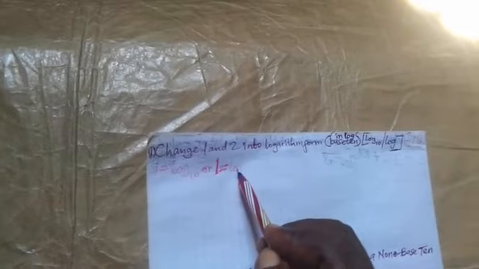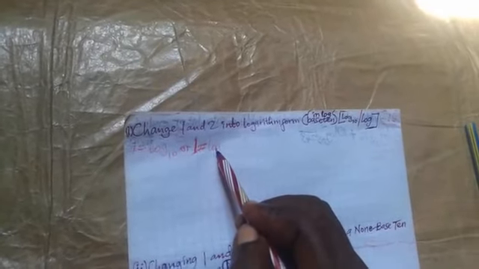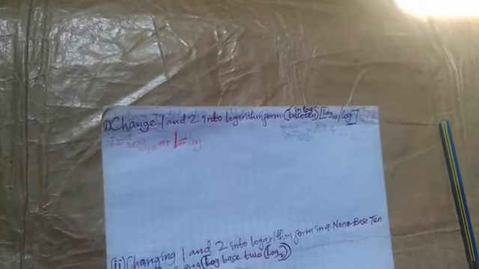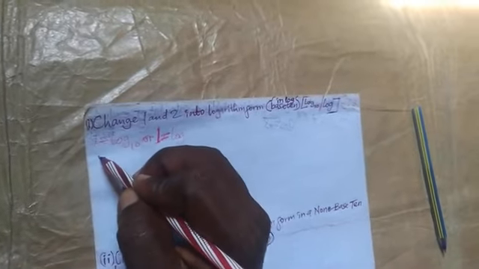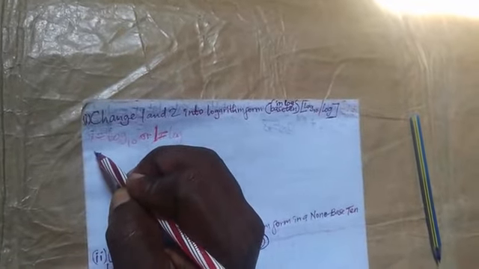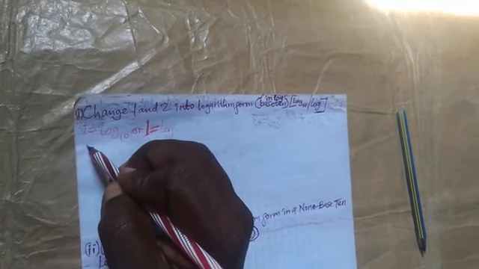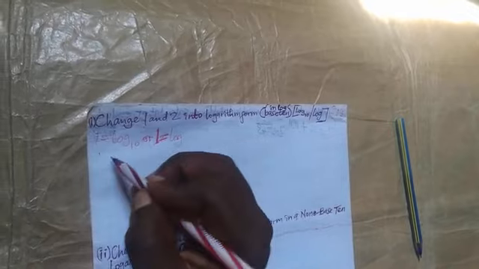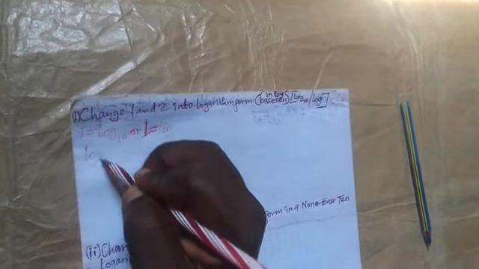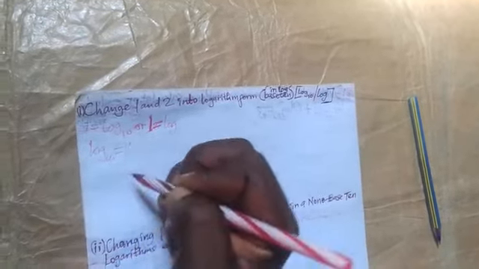But if 1 becomes the power, this can also be written as log base 10 is equal to 1.